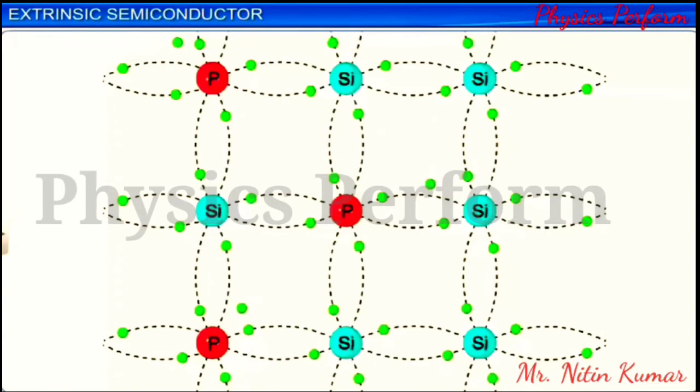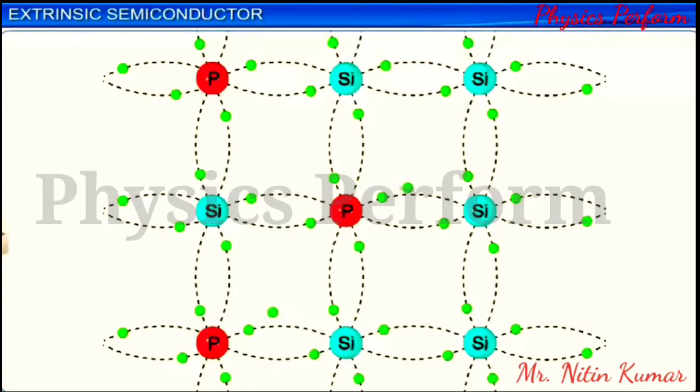Therefore, the number of free electrons that are available for conduction by dopant atoms depend largely on the level of doping. If the doping level is high, the number of free electrons contributed for conduction by the dopant increases.